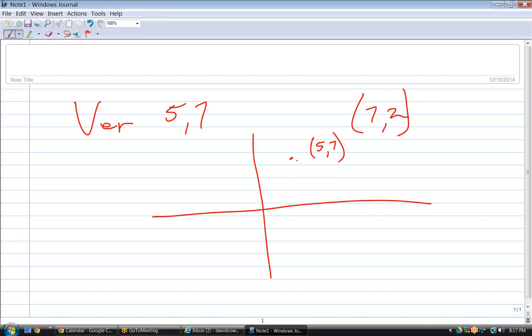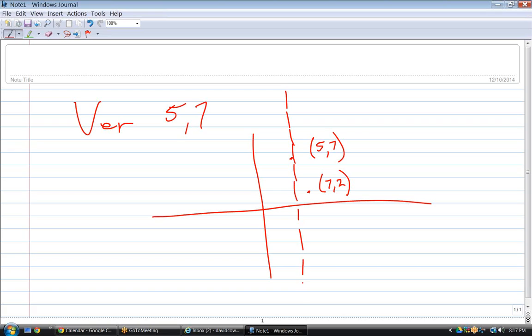That's its vertex. And they're saying that (7, 2) has to be on the thing. So if I go out to 7 and go up to about there, (7, 2), well, what do we know about the vertex? It's in the line of symmetry.